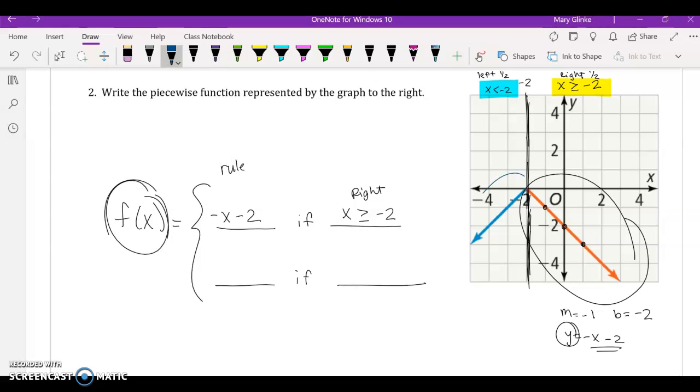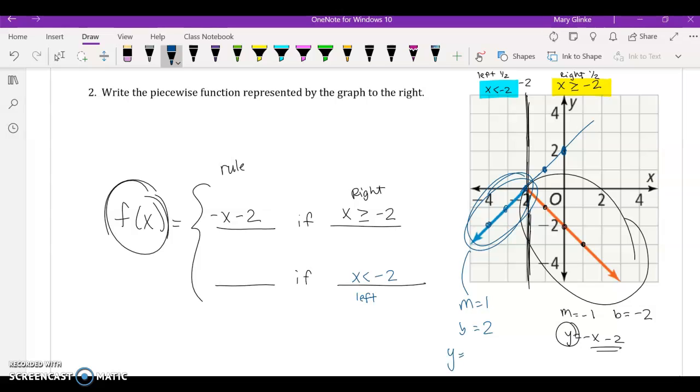Now we're going to look at the other half of the graph. So we said this is the left half, so when x was less than negative 2, that represents the left half. For these ones here, our slope would be 1, and our y-intercept, oh, we'd have to keep going here. We don't have our y-intercept yet, so we have to extend our line here, and our y-intercept here would be 2.